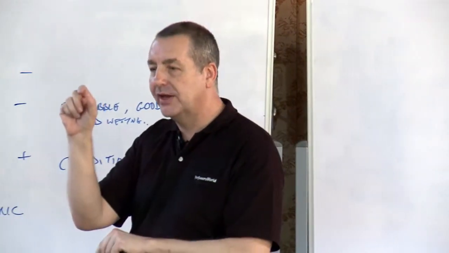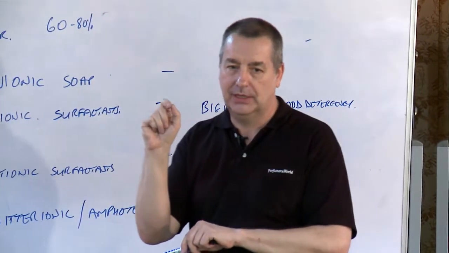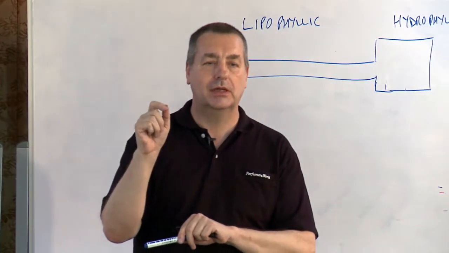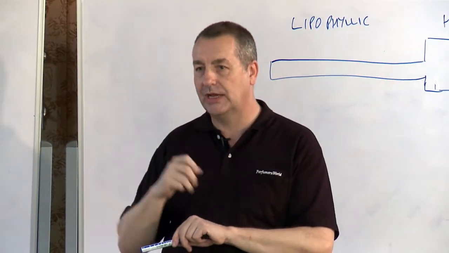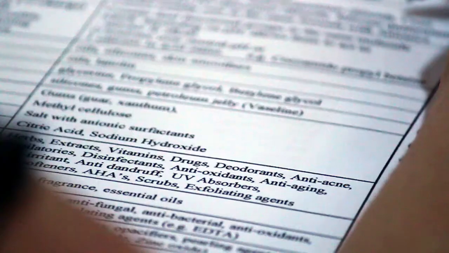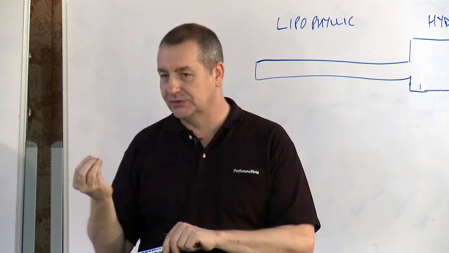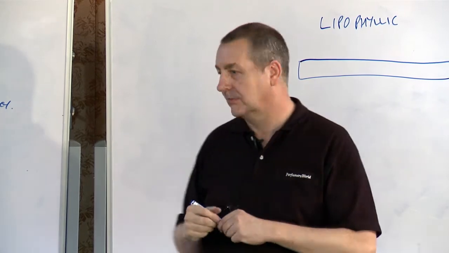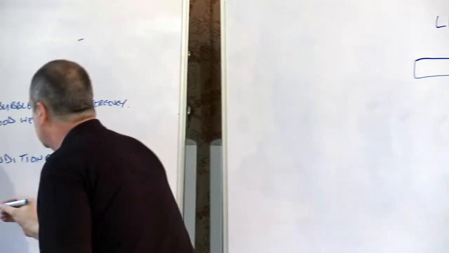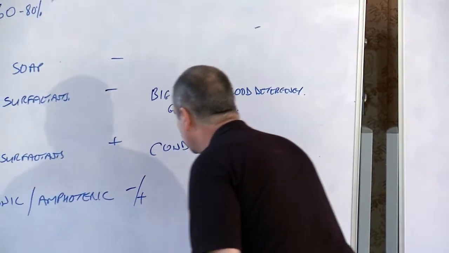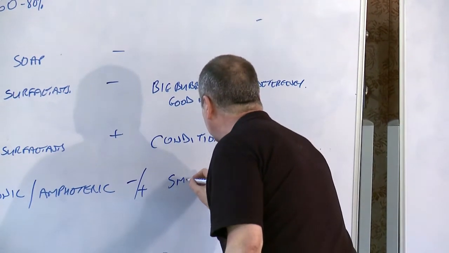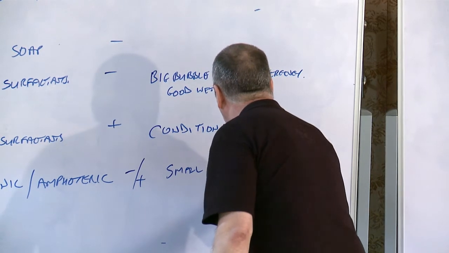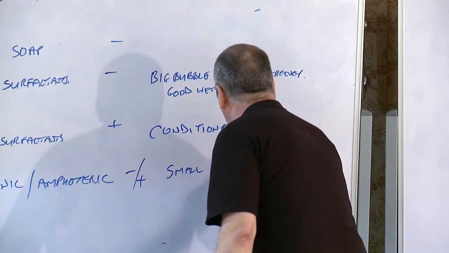They produce very fine bubbles, and those fine bubbles last a bit longer than the ones from the anionics. But they're not quite as good as detergents as the anionics. So these are minus or plus. Small, fine bubbles, and quite stable.